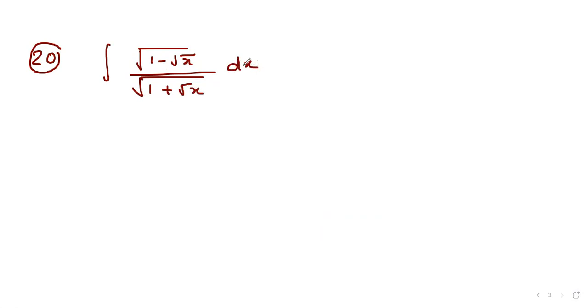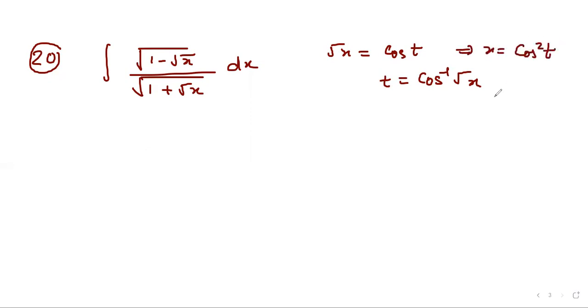Here we take root x equal to cos t, so from here we can get t equal to cos inverse root x. Now this will give x equal to cos square t.